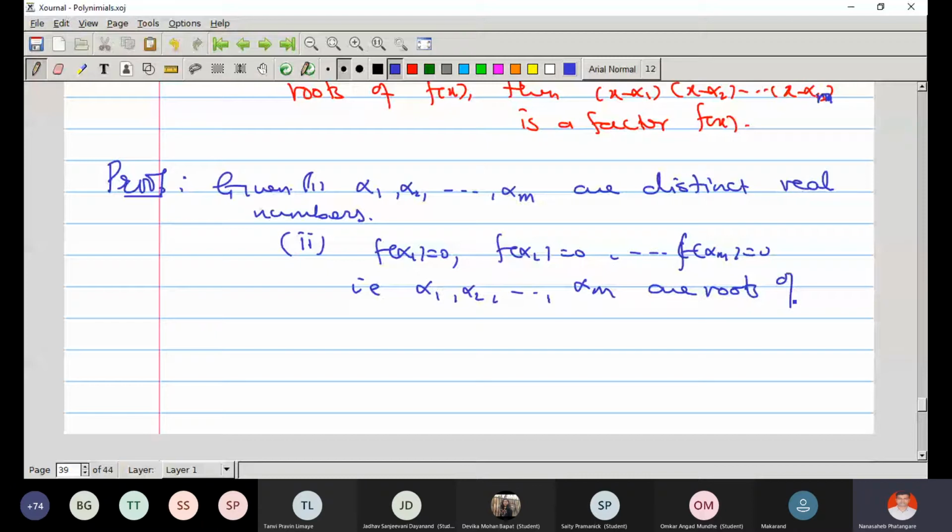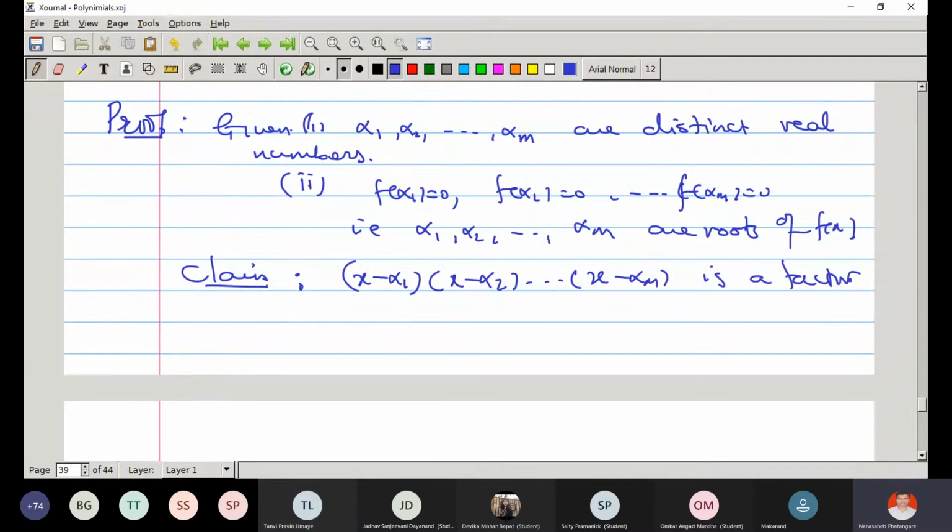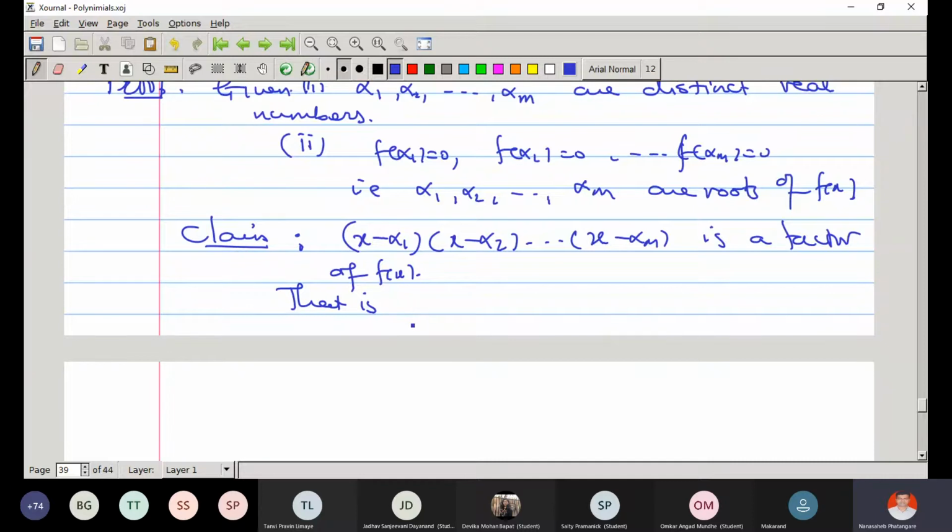So this is given. What is our claim? What do we want to prove? That x minus alpha 1, x minus alpha 2, up to x minus alpha m is a factor of f of x. So this is a polynomial. What is the degree of this polynomial?